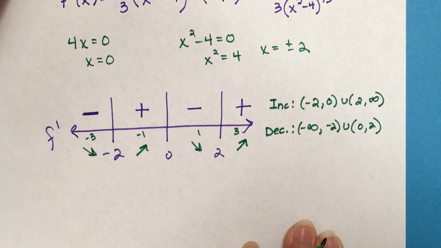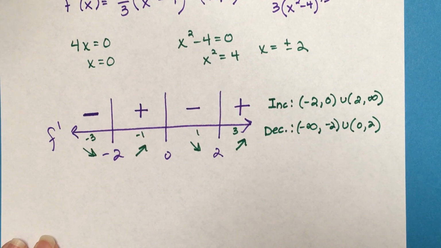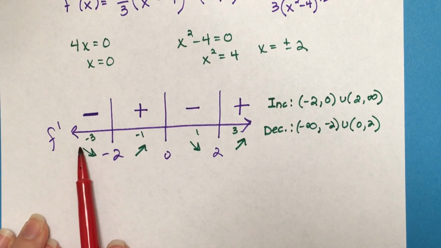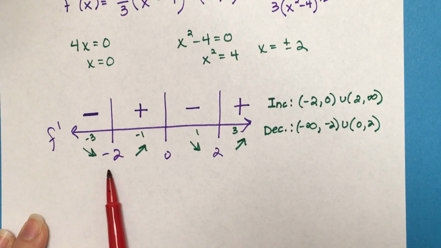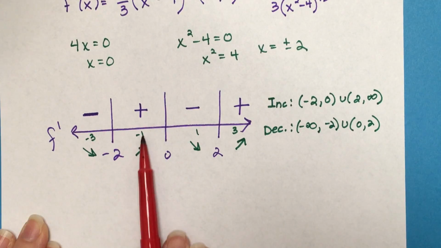Now here's where what they call the first derivative test comes in, as far as finding the extrema, the maxes and the mins. So if you remember what I stated, if it changes from positive to negative or negative to positive, that's when you're going to see these extrema. And if your graph is decreasing and then it changes to increasing, that would be a section that's making what I refer to as a valley.